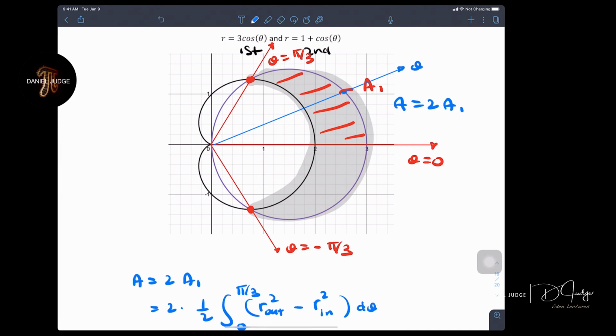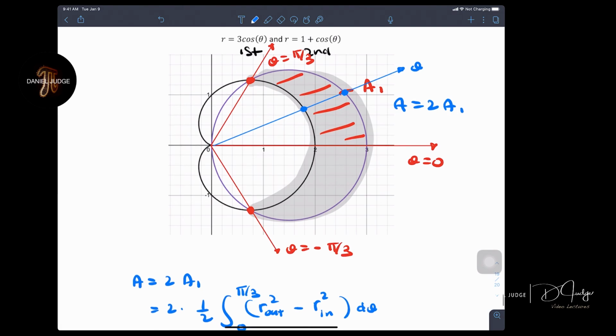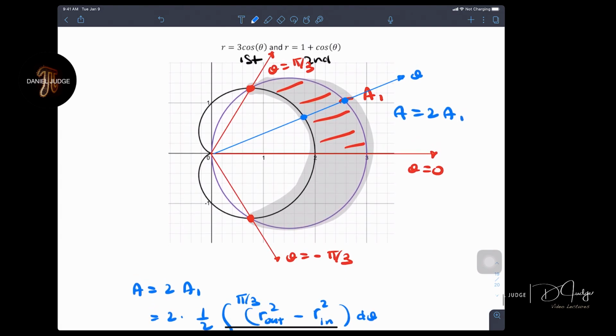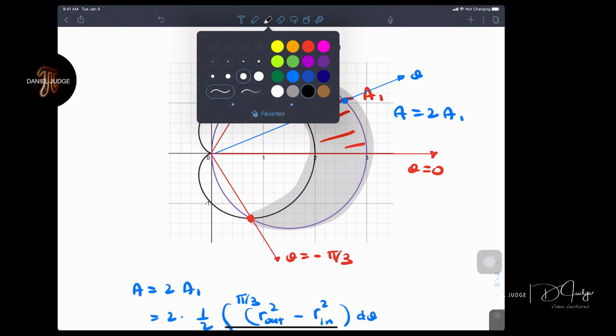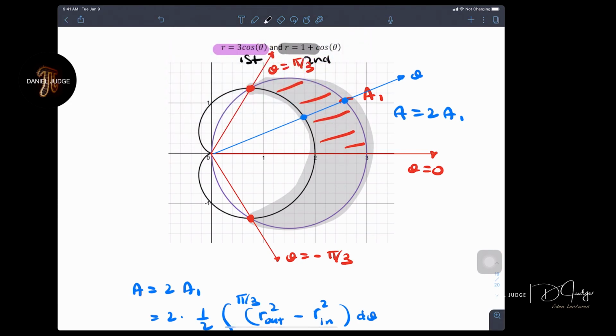So the outside is in purple, which is your circle, and the inside is in black, which is the cardioid. So the purple is a circle. Black is the cardioid. So the outside is in purple.